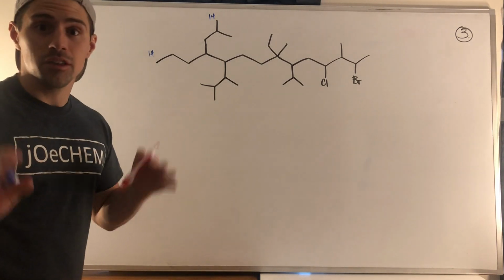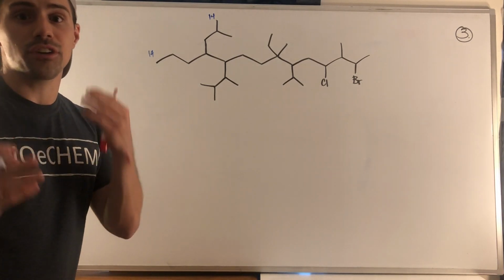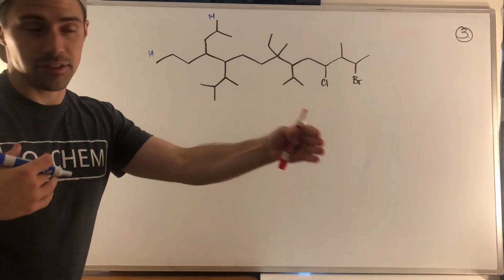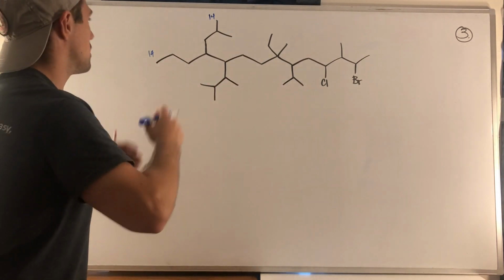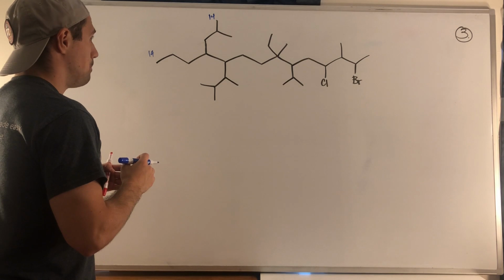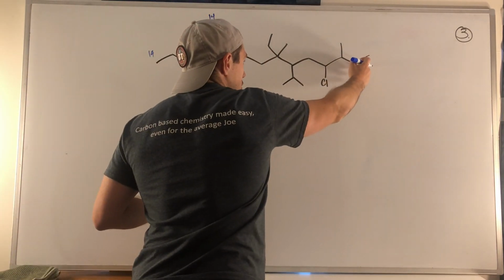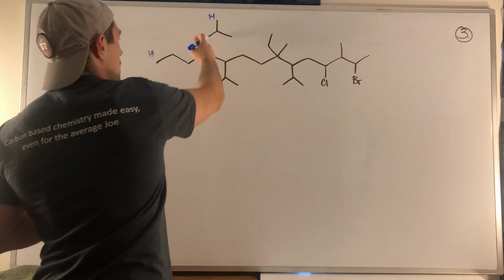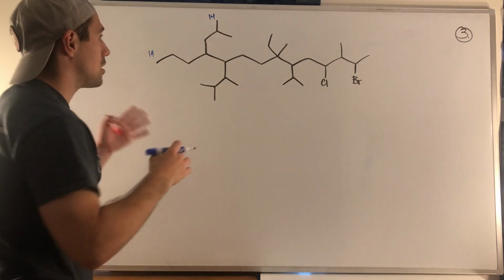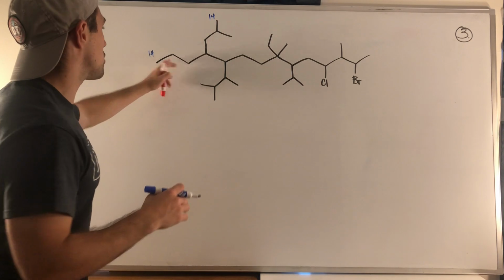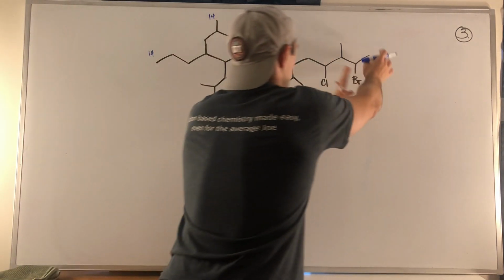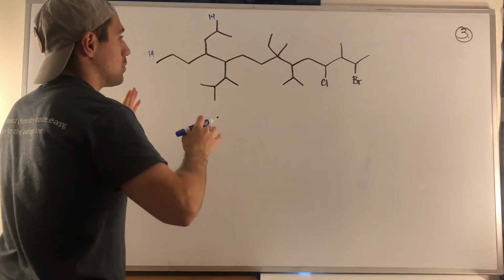However, we have a tie. So we need to make sure we break that tie and then we figure out if we're going left to right or right to left. Okay, so let's start on this end because I see a branch at 2 and a branch at 3 and I don't see anything branching. I see a branch at 2 here, I see no branch there, so I believe we'll be starting on this end and going one of the 2 ways.